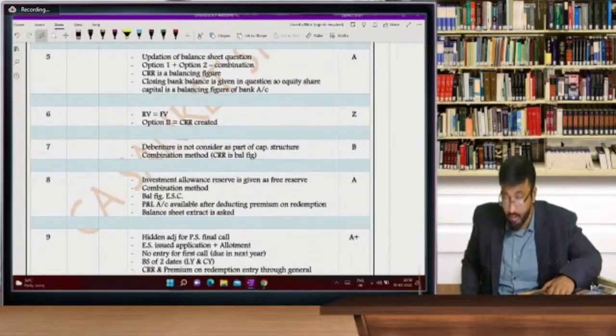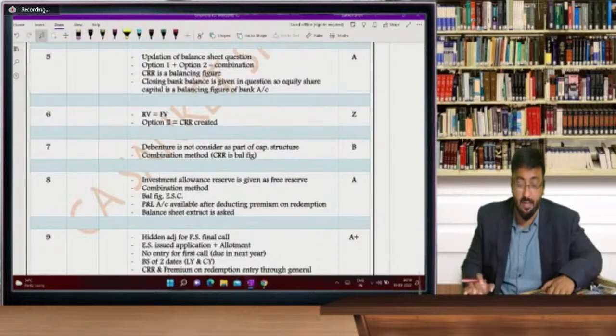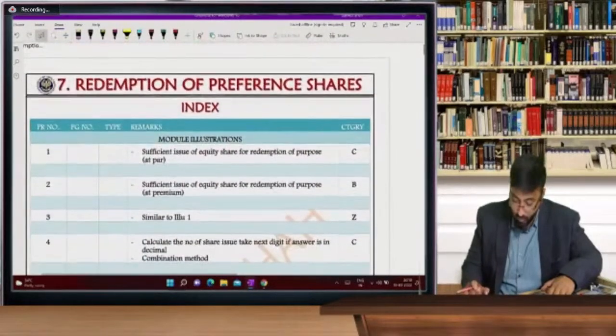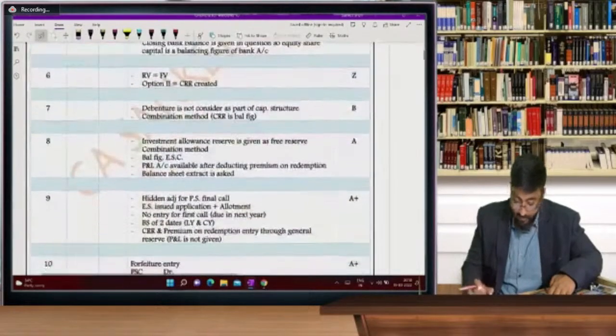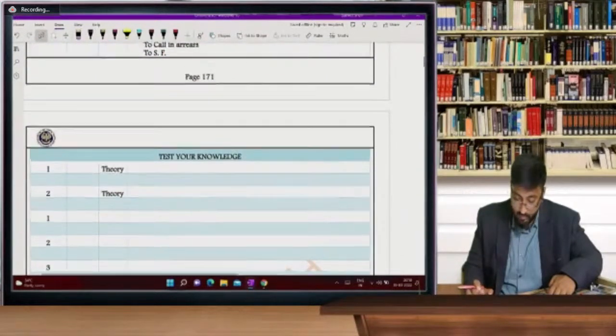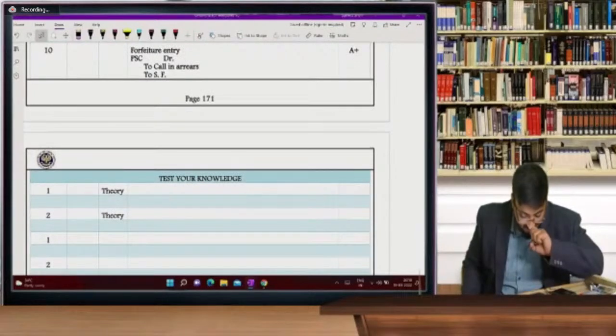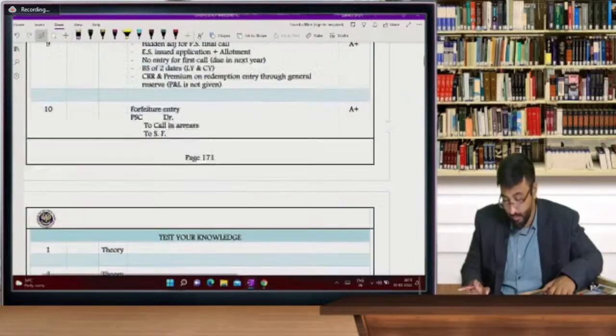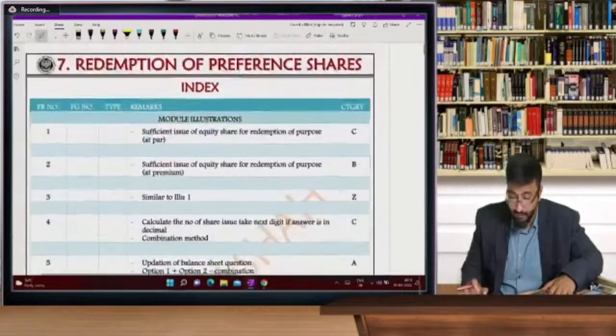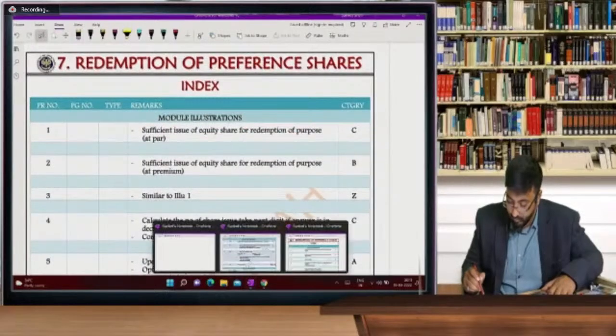Take a screenshot. At 9. First 4. And after that 10 questions. Two pages for index. Yes, beta. Bus. You can copy it afterwards. Chalo.